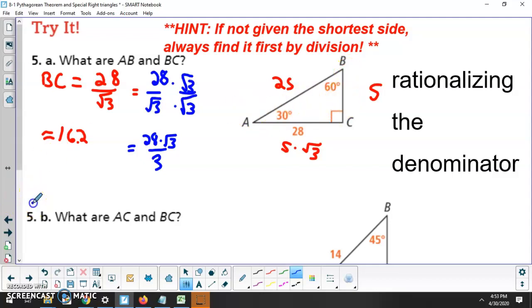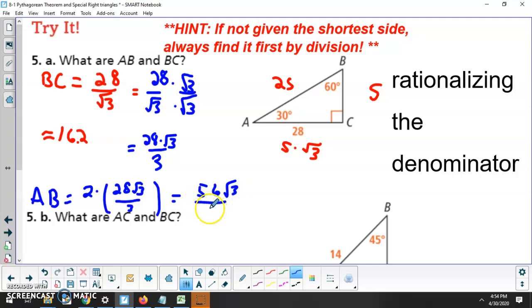Now to get the longest side, which is AB, you take your answer and simply double it. So you double 28 times the square root of 3 over 3. When you multiply a fraction times a whole number, you just multiply the numerators, so that becomes 56 times the square root of 3, all over 3.